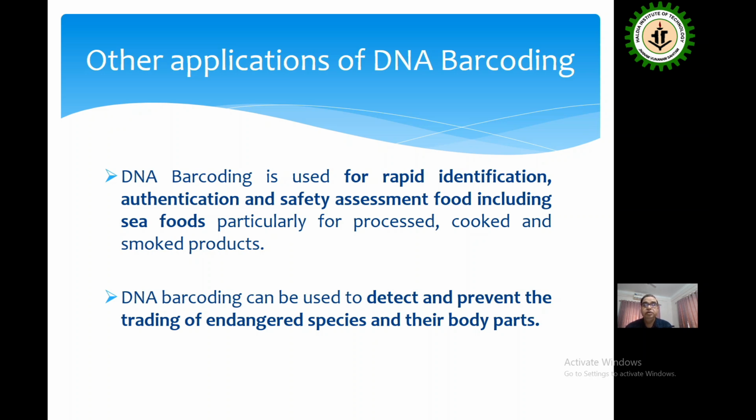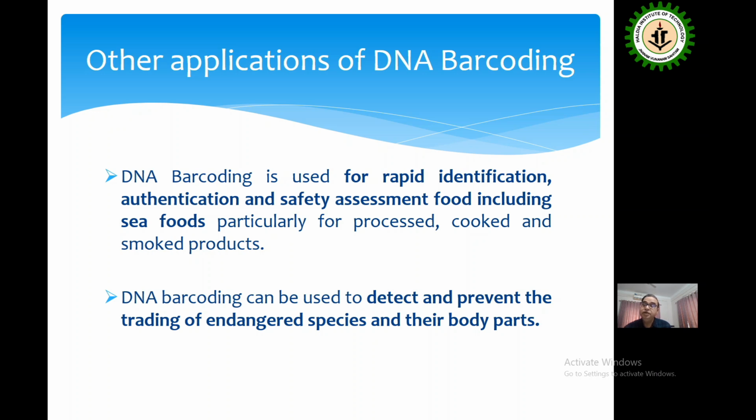Now another important role of DNA barcoding is that it is used to detect and prevent the trading of endangered species and their body parts. There are many endangered species and they are under IUCN. You can see the red data list. Some are threatened, some are nearly threatened, some are least concerned and some are endangered.